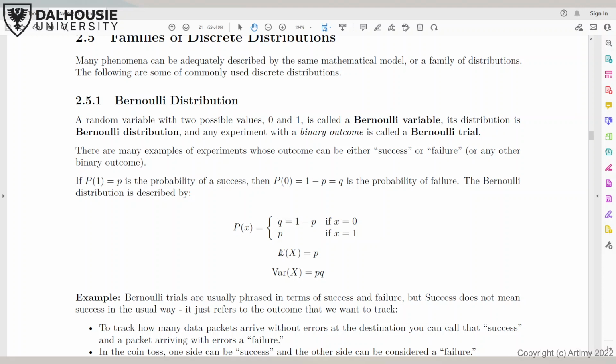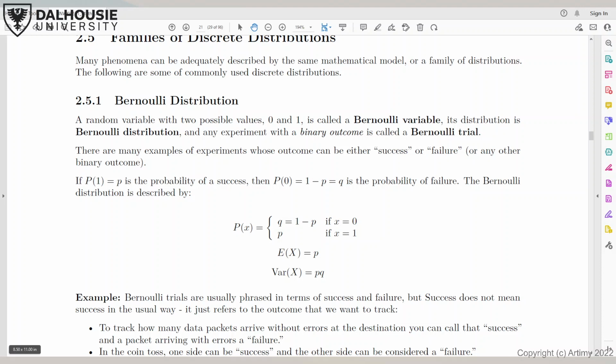A lot of these distributions have a parameter. In this case, the parameter that we use for Bernoulli distribution is the value of p, small p, which is the probability of success.